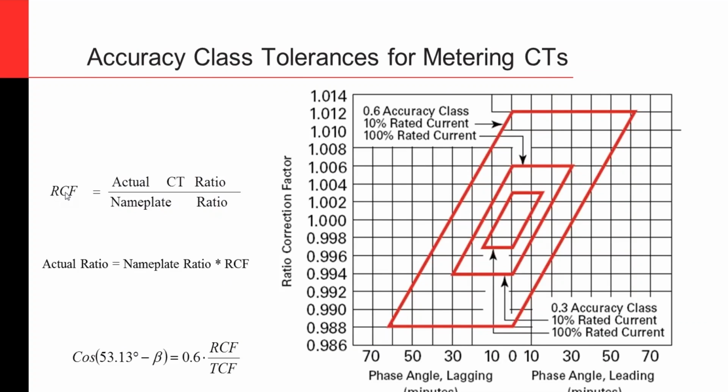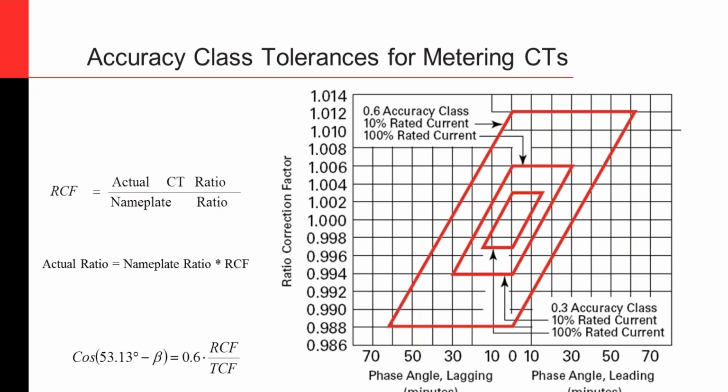So you do the parallelogram, or first you do the actual CT ratio. You get the measured CT ratio, and you're going to calculate the RCF, the ratio correction factor. And from that, you also will measure the phase angle, whether it is leading or lagging, and based on that, you're going to draw a dot on the parallelogram.